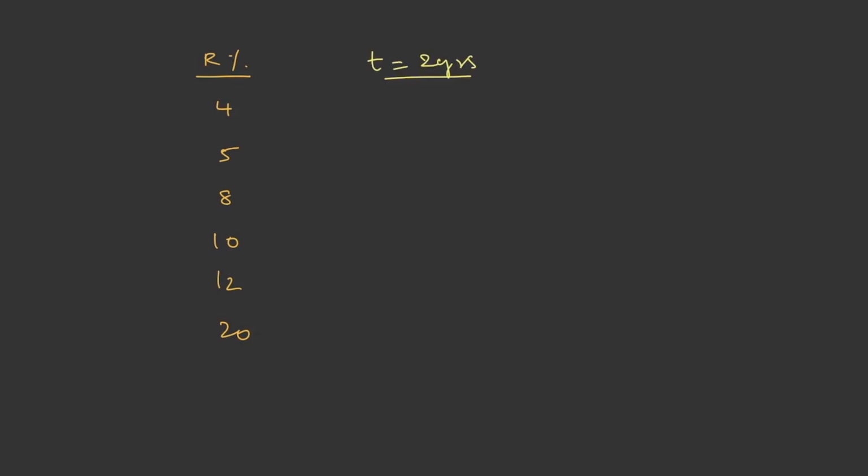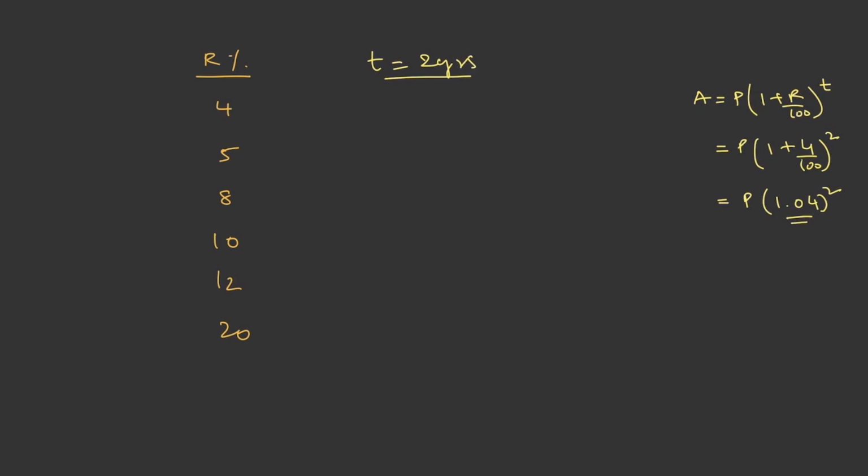Then what happens is, we already know amount is principal into (1 plus r by 100)^t. Now let's take the example of 4%. So this is P into (1 plus 4 by 100)^2. This is P into 1.04 square. Now at this point, if you can memorize this value, it's more easy to calculate.